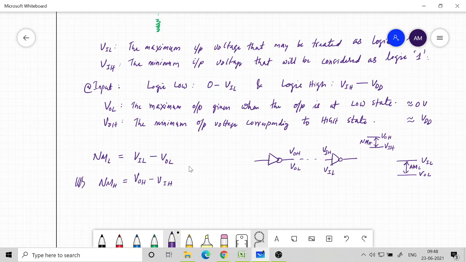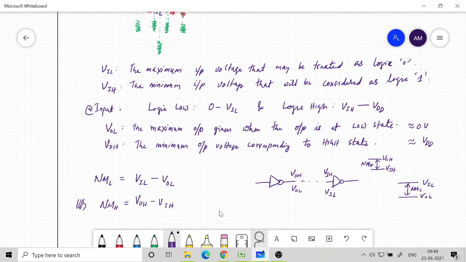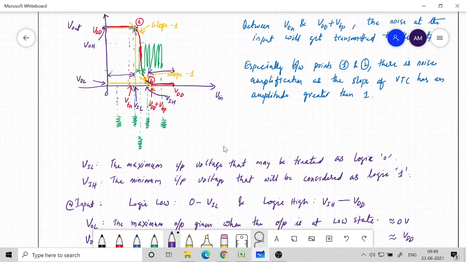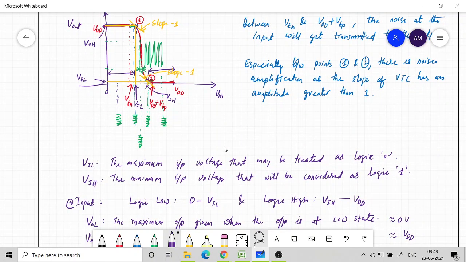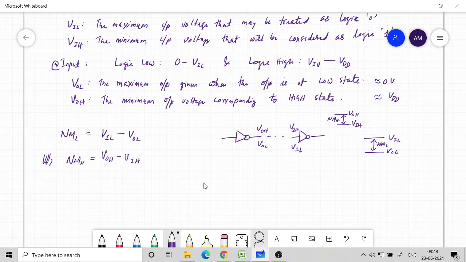I can have a lot of noise, and the positive noise doesn't make any problem, but negative noise I can allow up to the tolerating limit, that is VIH, where the slope is minus 1. So if I know these four voltages, I can find out the noise margin of the CMOS inverter. Now the question is, can we find out these voltages? How to find out these voltages?